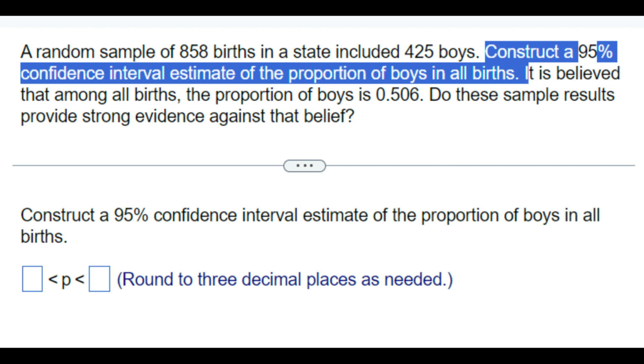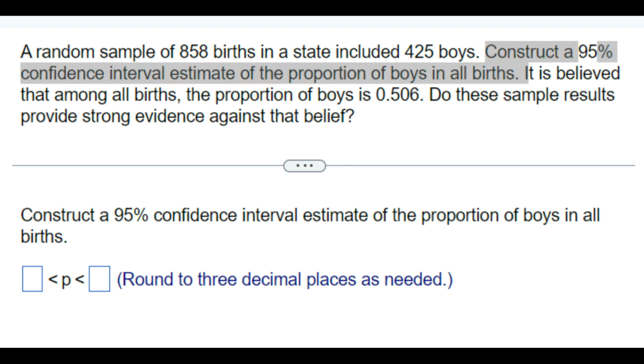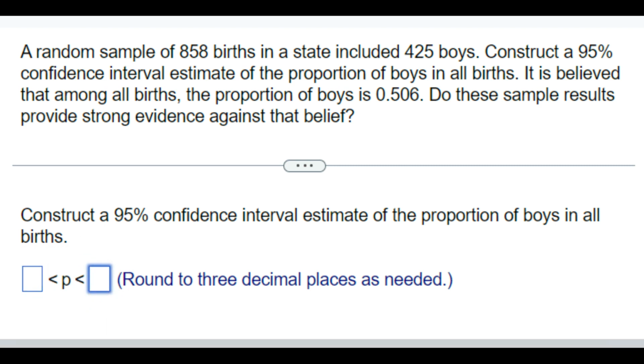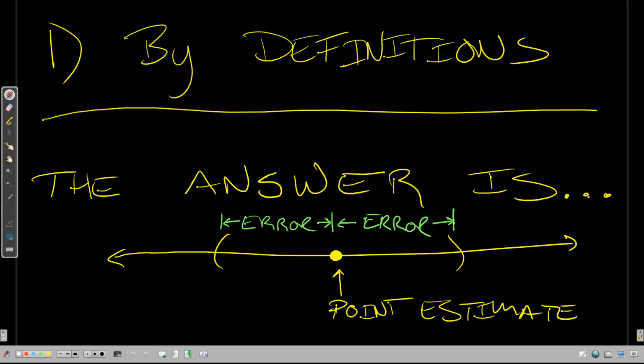So let's have a look at what the answer to this part down here would be, because we already know what this answer down here is supposed to look like. Here, I'll tell you. So by the definitions of what a confidence interval is, the answer has got to look like this.